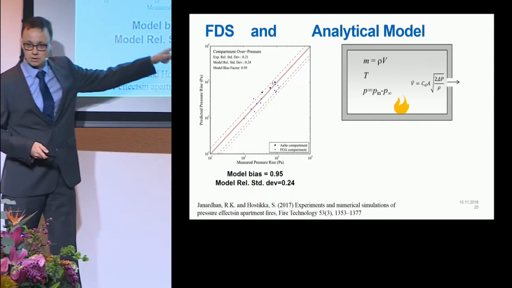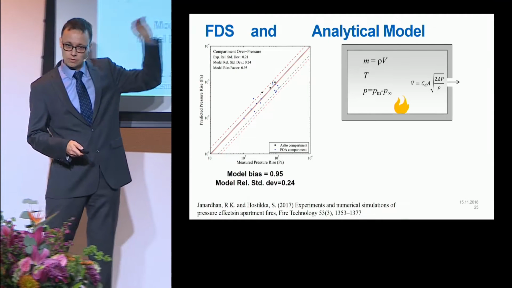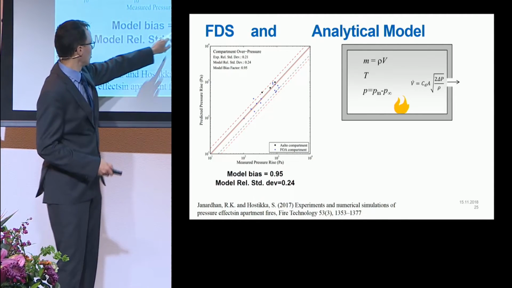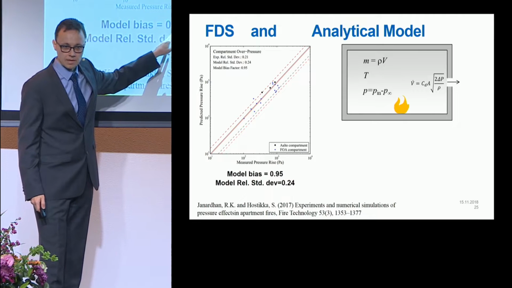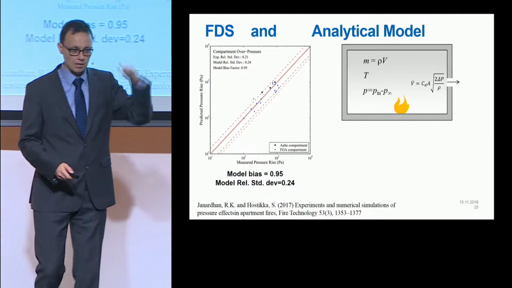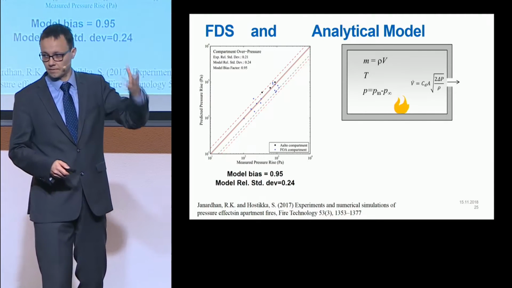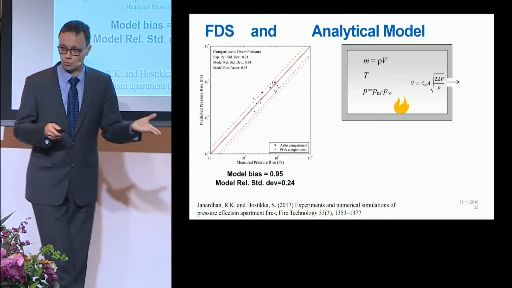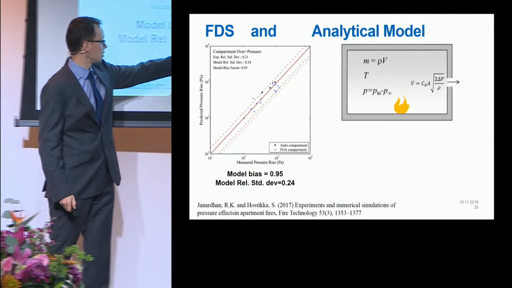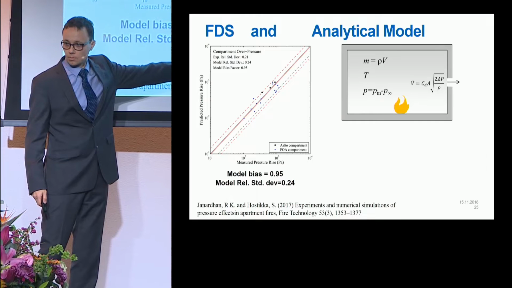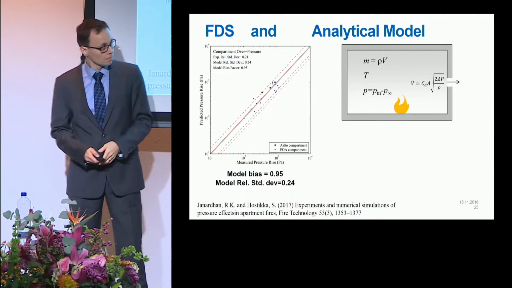For this test, for the prediction of the peak pressure, model bias was 0.95, telling that on average we underpredict the pressure by 5%. Quite okay. And the standard deviation was 24% of the pressure.